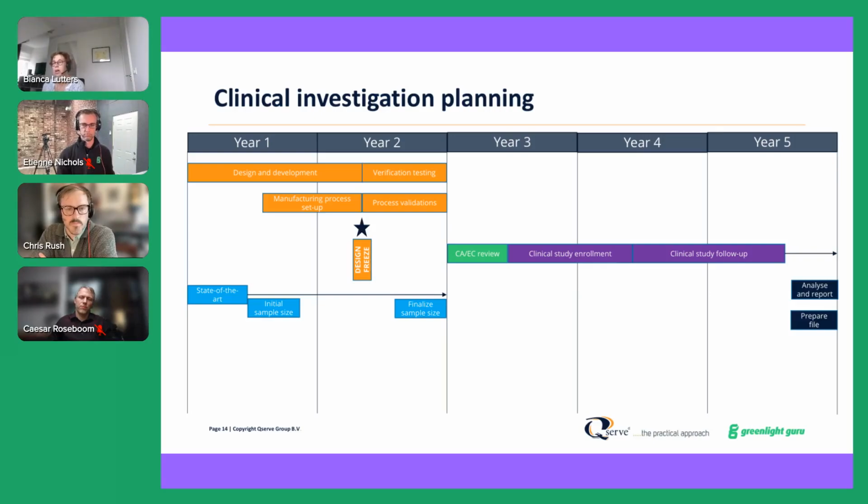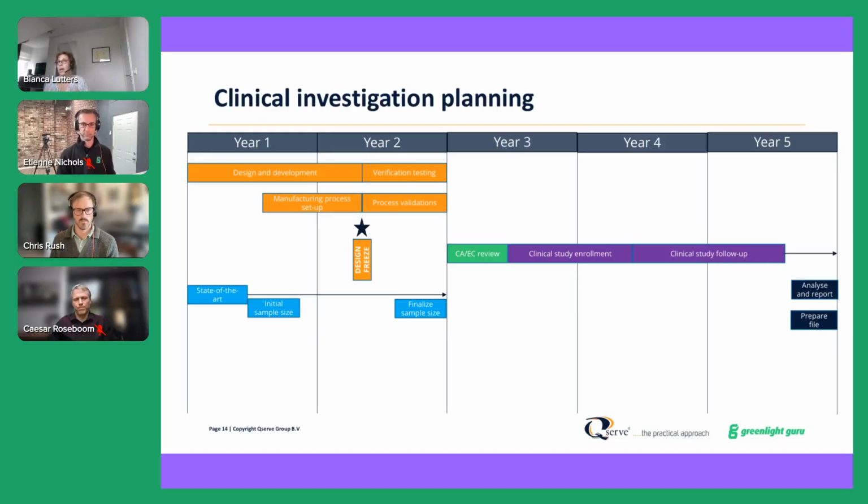Then in year 3, you start with the reviews by the competent authorities and the ethics committees, clinical study, enroll your patients at the moment you are having the proper approvals and notifications, follow up in your clinical study, and then analyze and report your data. Prepare a technical documentation if you are looking at submitting to a regulatory authority for market access. And then hopefully, based on those clinical data, you get access to the market.